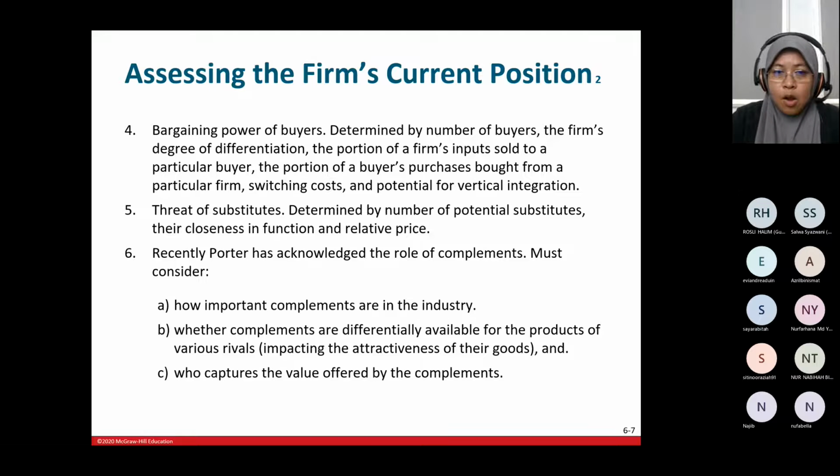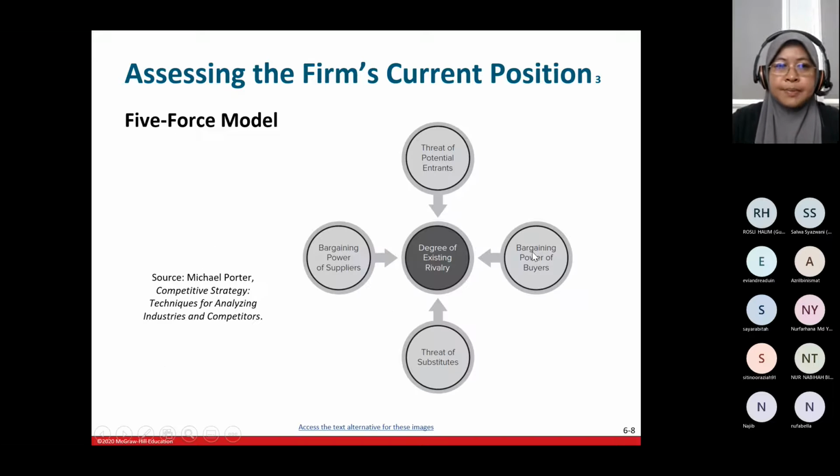So apart from looking at these five important things, the recent development of Porter's five forces model also looks at the complement. We already discussed competitors, barriers to entry, supply and consumers; another party that has started to come under the spotlight is the complement.